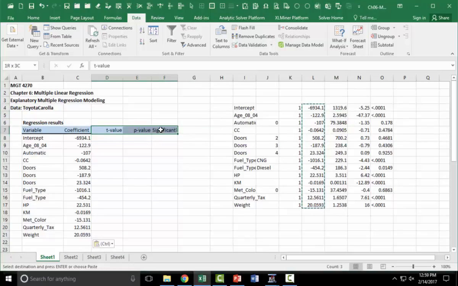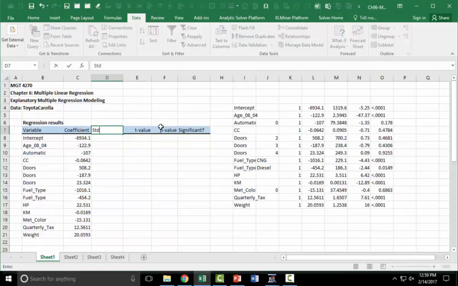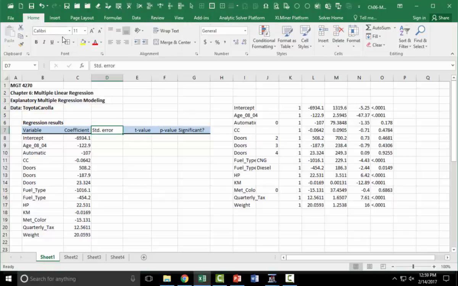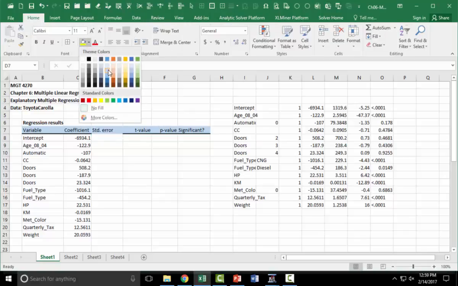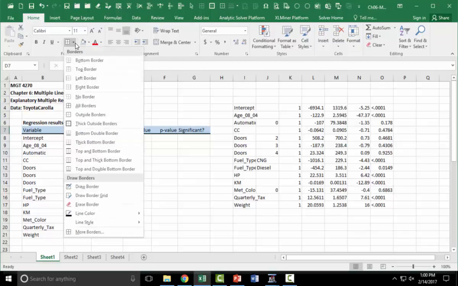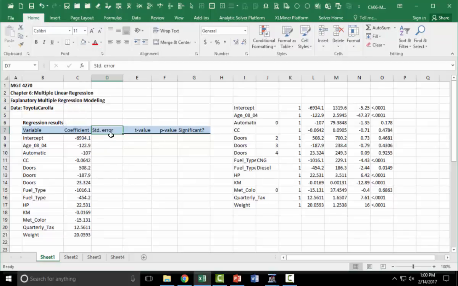Oh, let's move this a little bit. So, standard error of the coefficient. Okay. You really don't need to do this, but I want to show you how to perform the test.